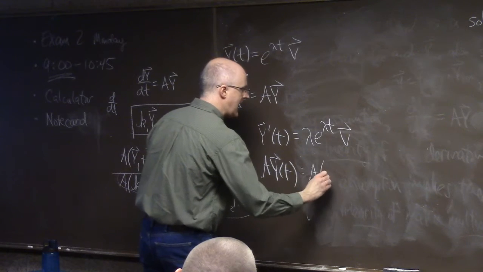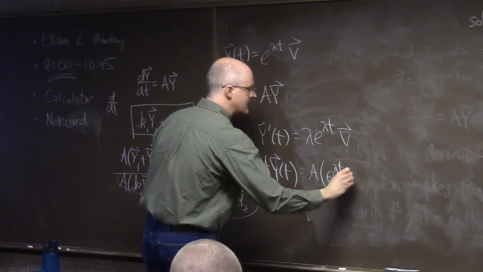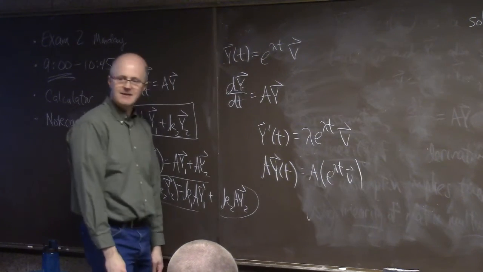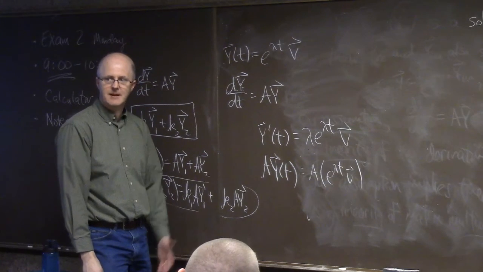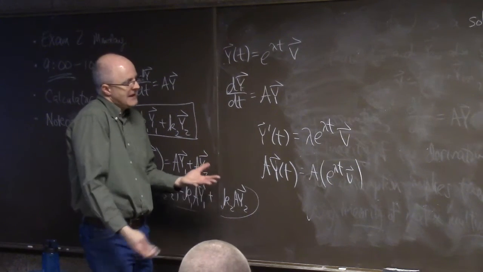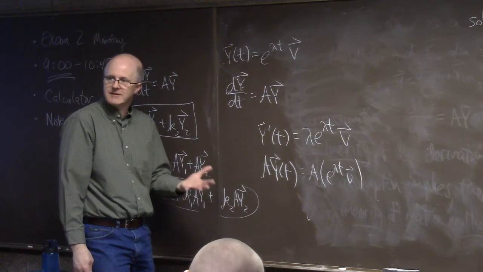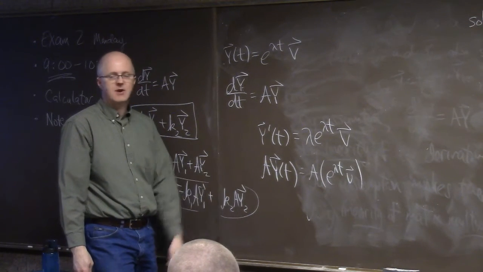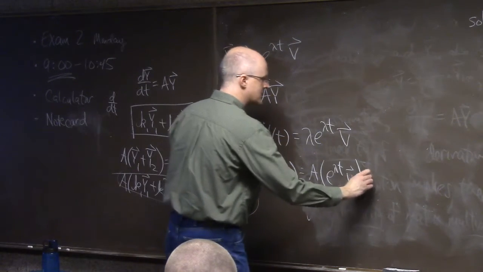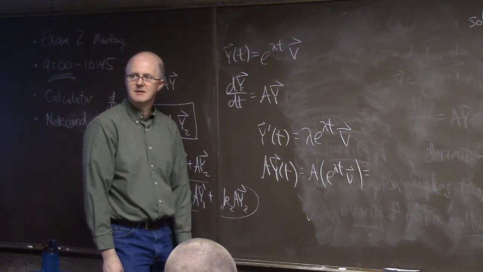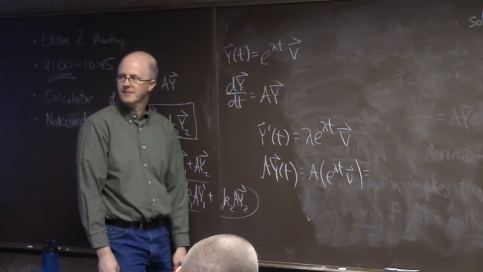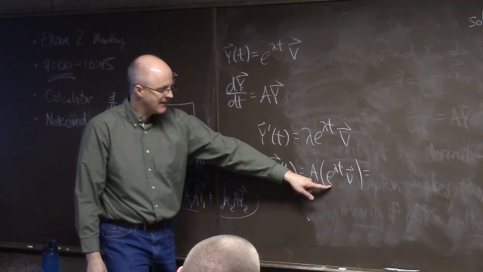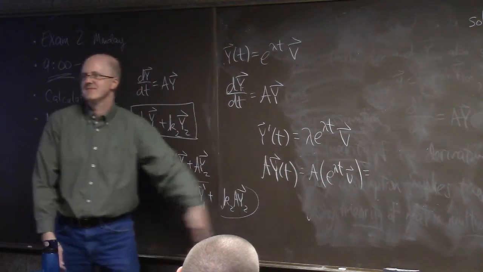I've got to multiply A times e to the lambda t times V. How do I do that? Again, I'm doing this abstractly. We don't know what A is, we don't know what lambda is, we don't know what V is. We have to think about abstract properties. What's an abstract property here do you think that I should use? Just a constant. That's a constant. It can be factored out.